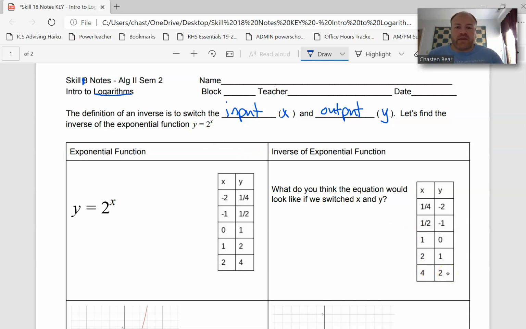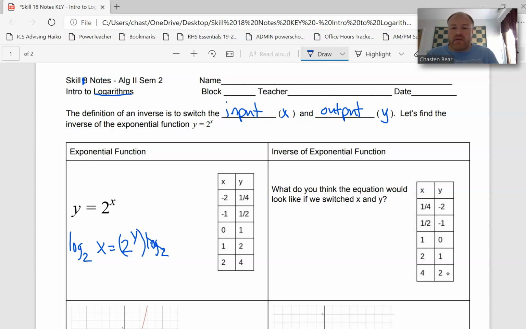For the inverse of this, we switch the x and the y around. The way we get that y out of the exponent is we do what's called the logarithm of the base 2 to both sides.